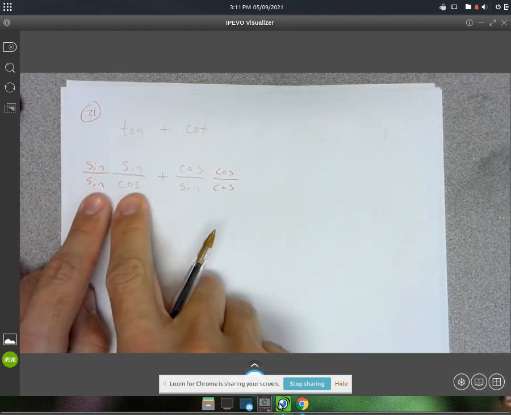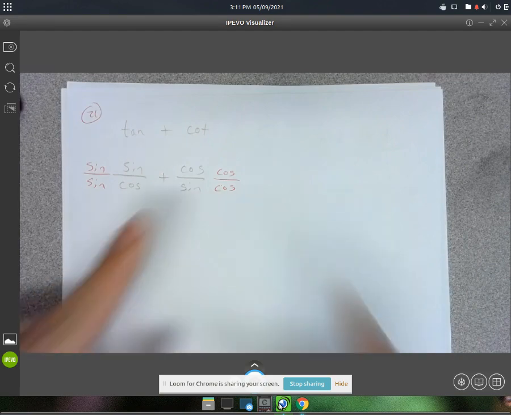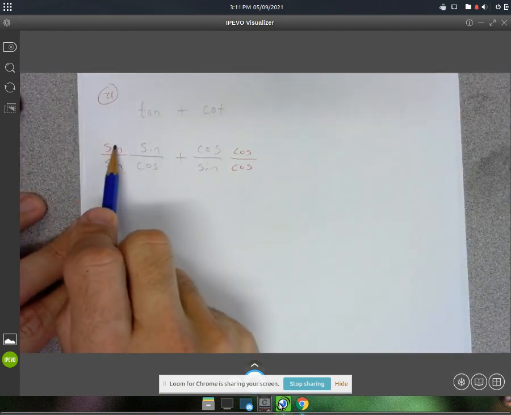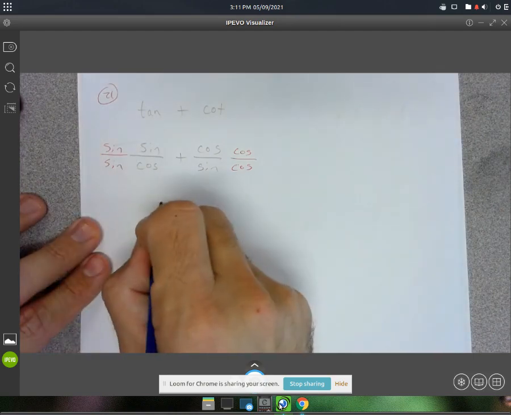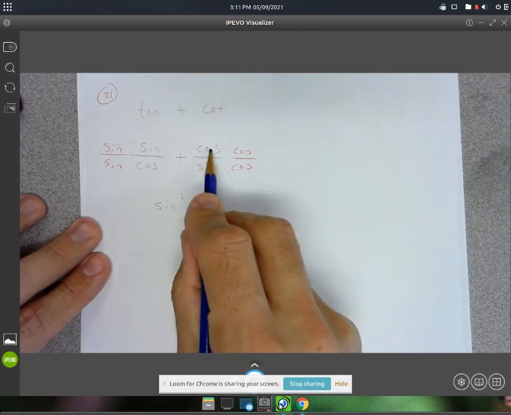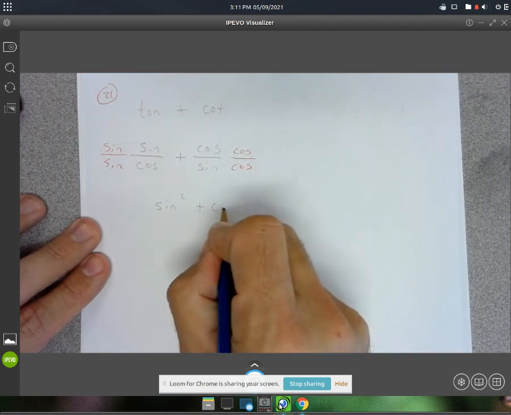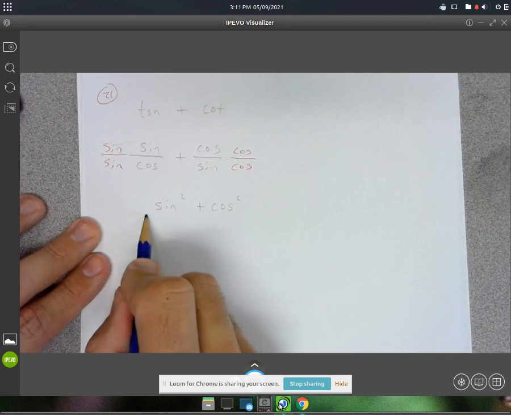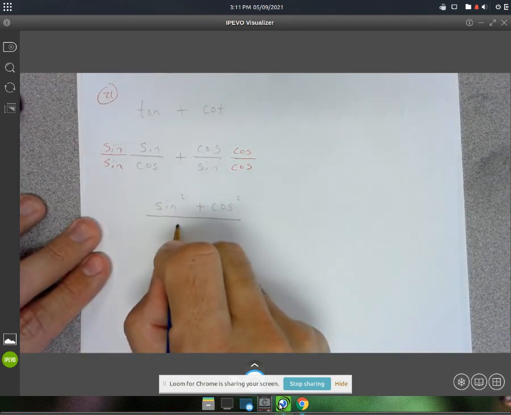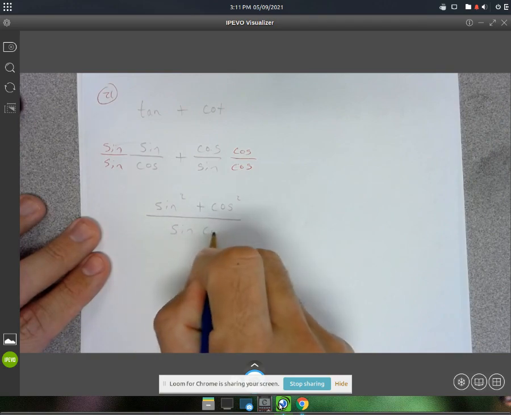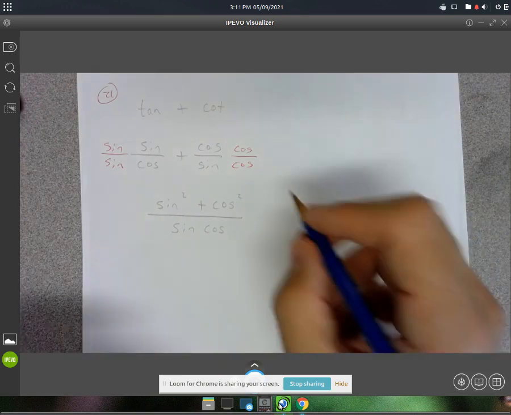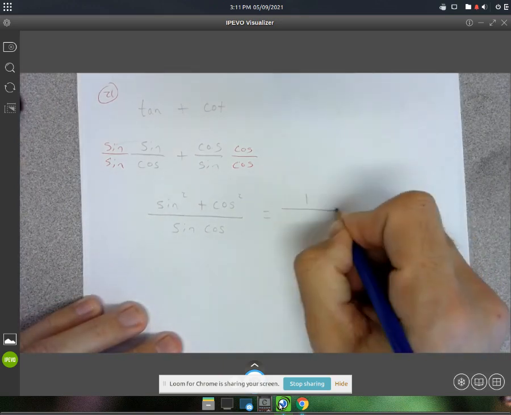That way they both have sine cosine as the denominator. So this is going to be a sine squared for that term, plus a cosine squared for that term, all over sine cosine. And of course sine squared plus cosine squared is equal to 1.